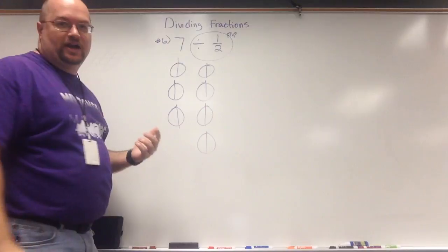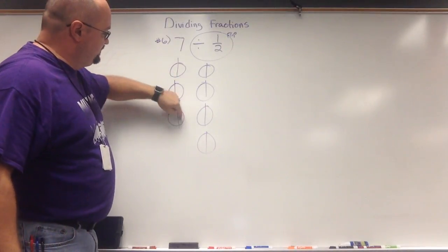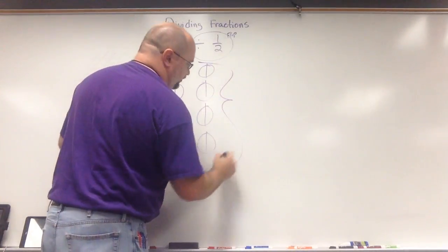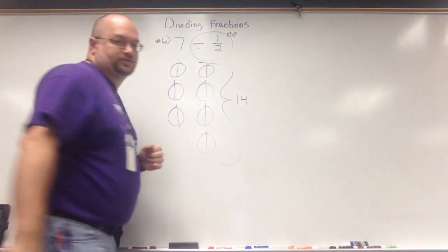So how many pieces do I have now? 1, 2, 3, 4, 5, 6, 7, 8, 9, 10, 11, 12, 13, 14. So I should get, as an answer, 14 wholes.